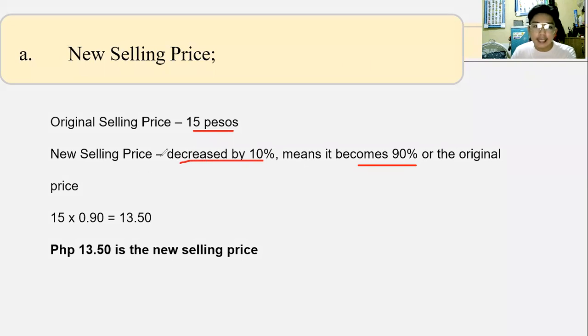So we're just going to multiply the 15 pesos by 90%, because the new selling price is just 90% of the original. 15 times 0.90 is equal to 13.50. Our answer for the first problem is 13.50 pesos as the new selling price. So 15 pesos reduced by 10% is now 13.50.